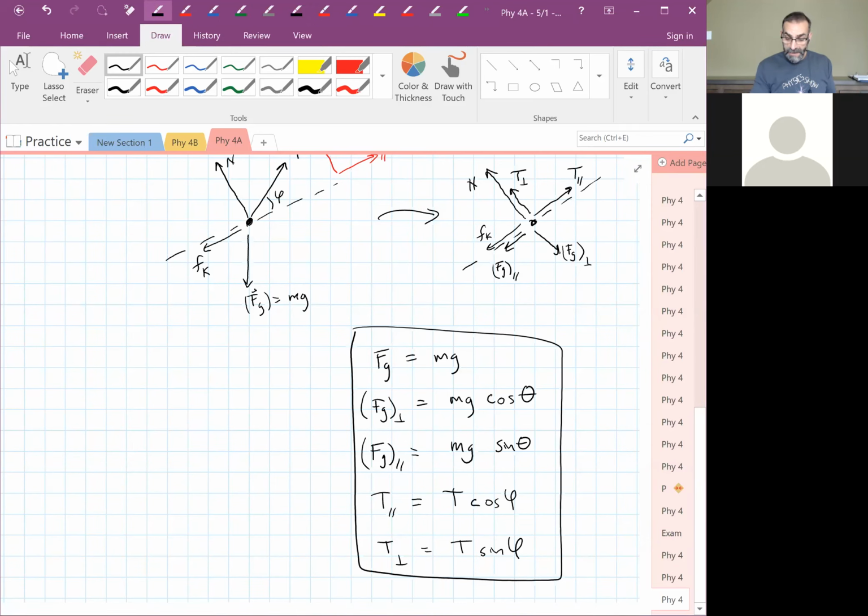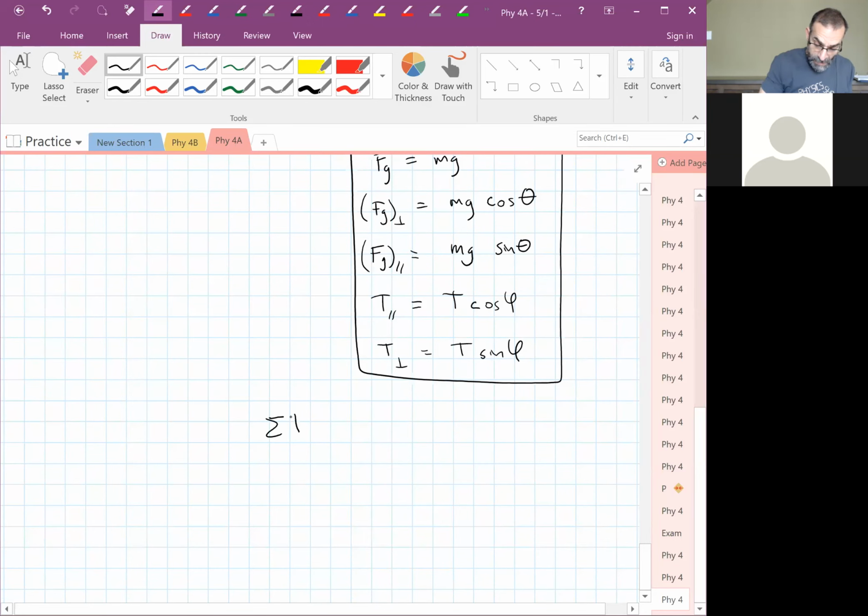And now what do we say? Sum of the forces equals ma on this box, right? Sum of the forces equals ma. This is a vector equation. So normally we split that up into components.